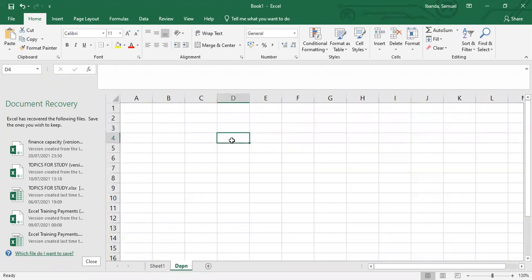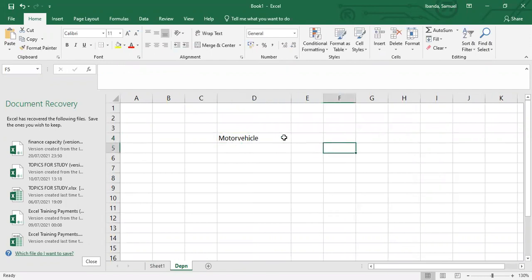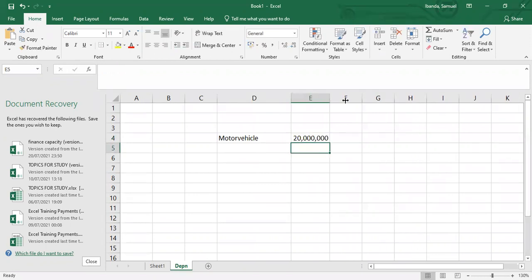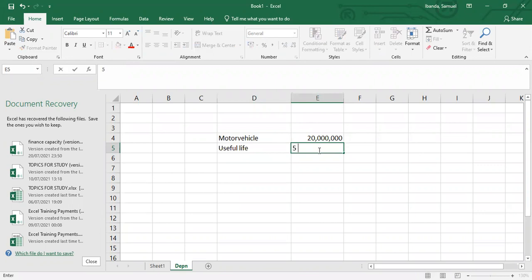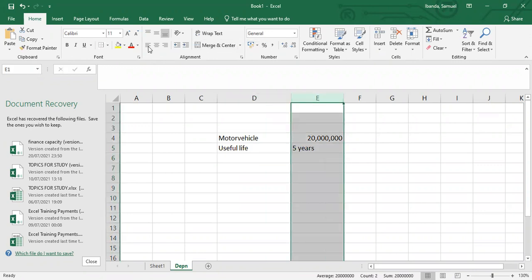So imagine we are buying a motor vehicle worth 20 million. The useful life of this motor vehicle is 5 years.